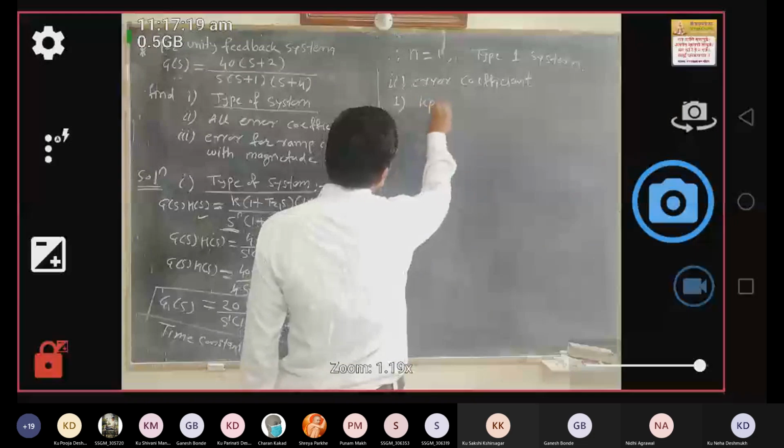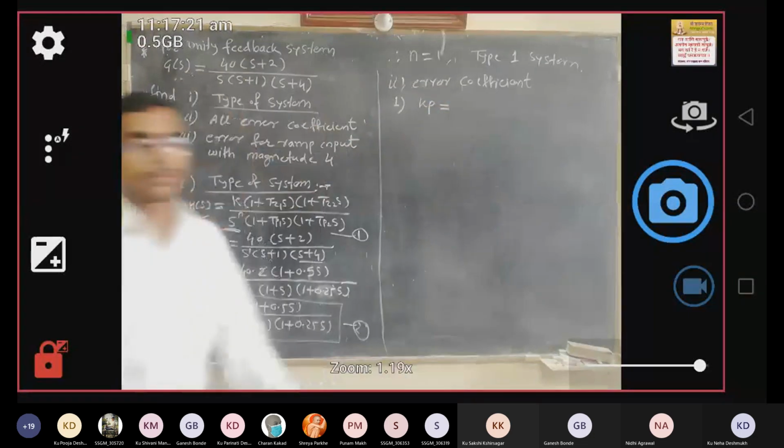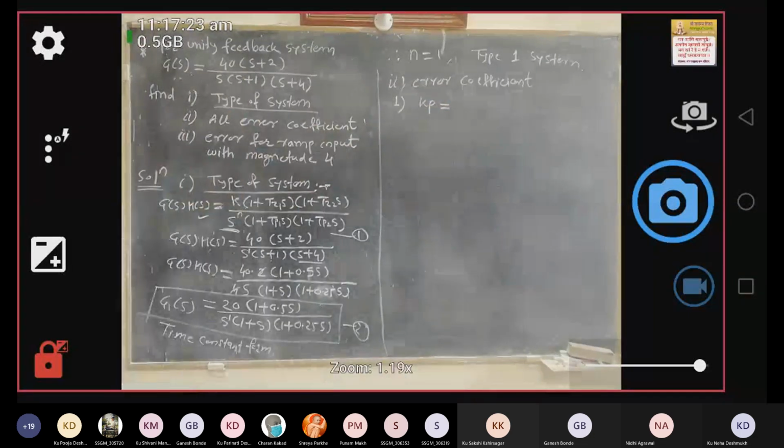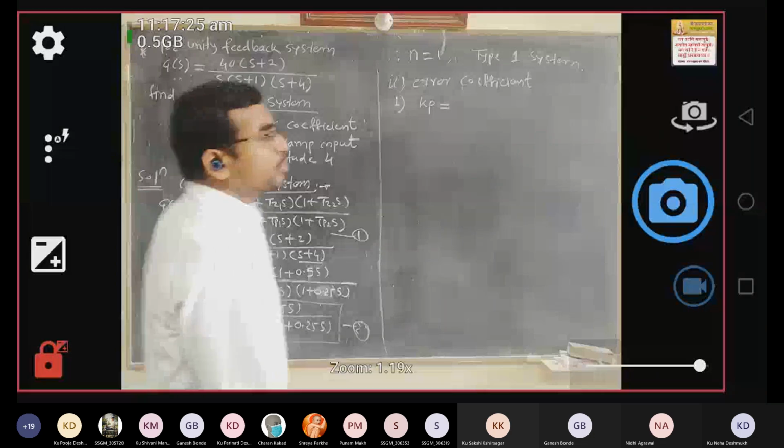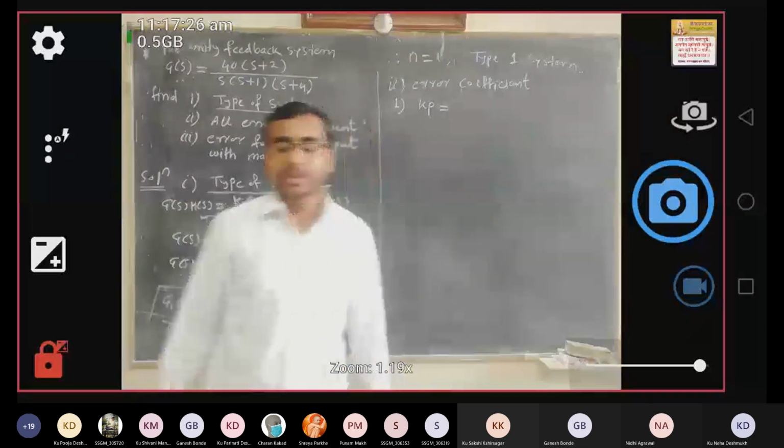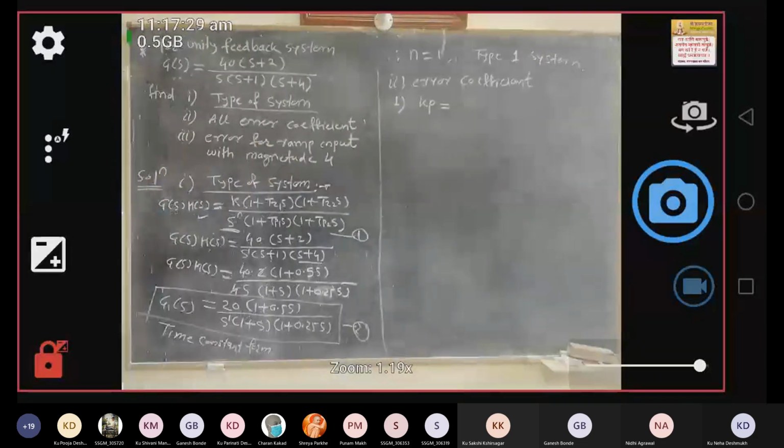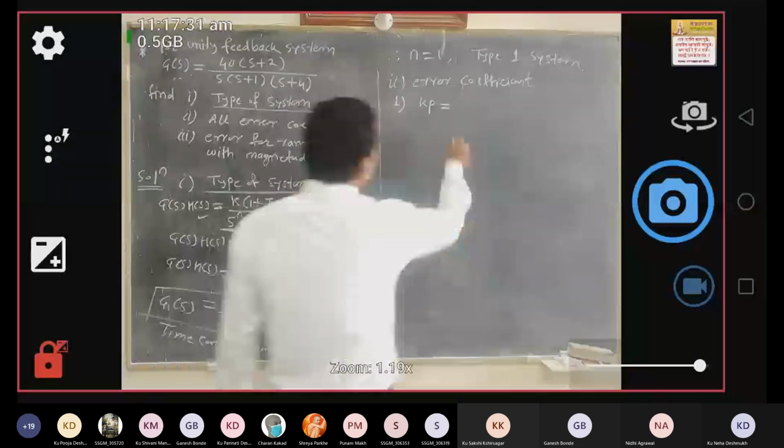So find the value of Kp. Kp is the positional constant or positional error coefficient. So tell me the formula of Kp.